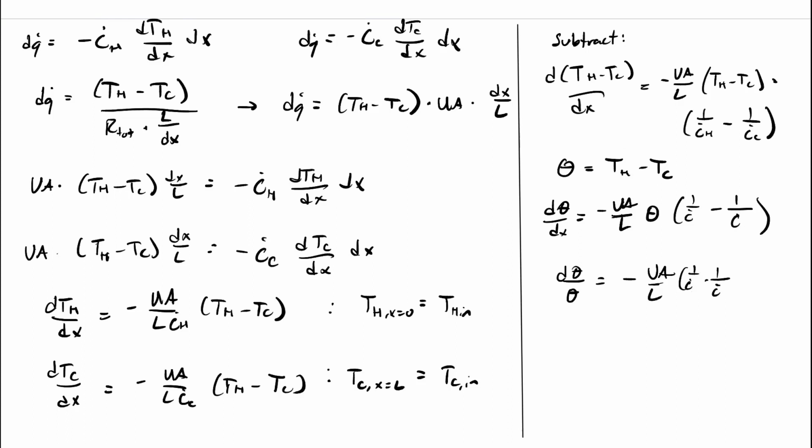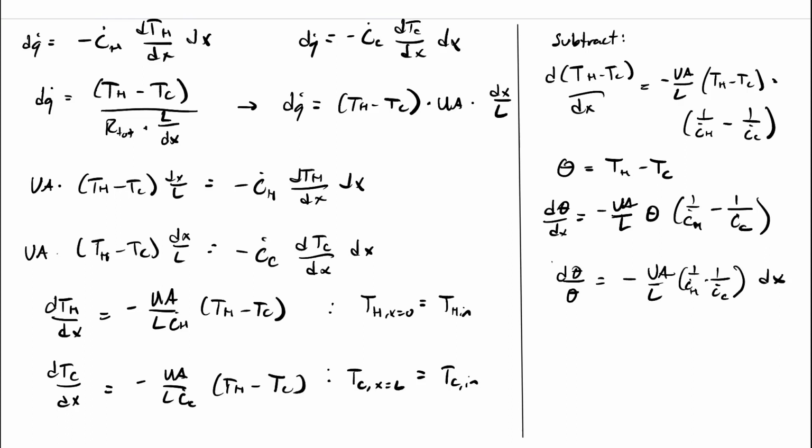So it should be C dot H minus C dot C. I'm subtracting cold from hot. C dot H minus C dot C. And then let's see what's over here. Times dx. Okay, hopefully we got that. So d theta over theta equals minus UA over L, 1 over C dot H minus 1 over C dot C times dx. So we've separated it, now we can actually solve it.